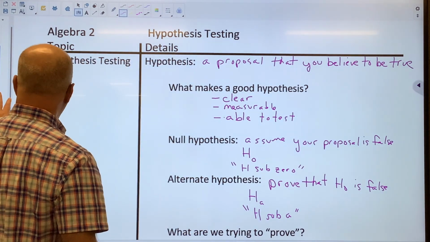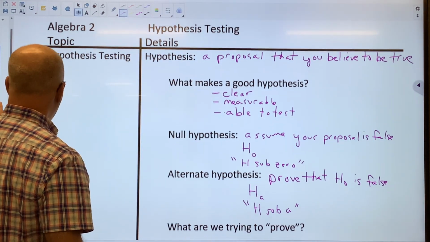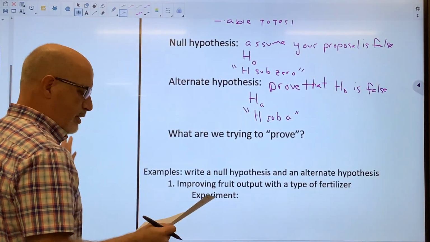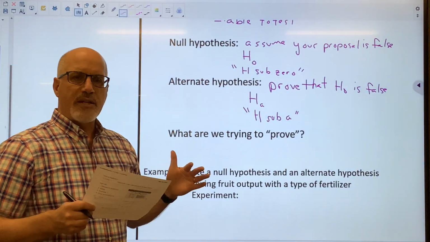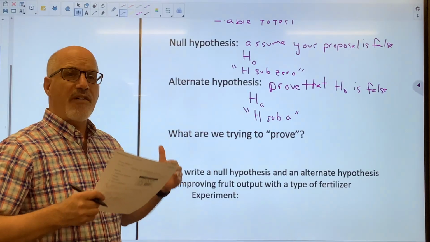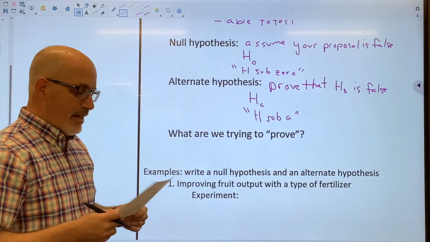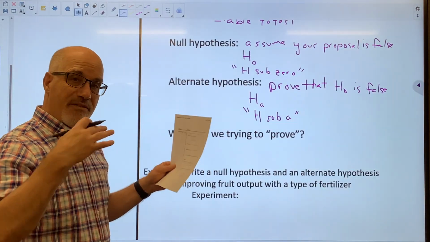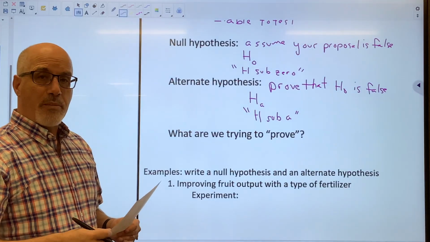So what are we trying to prove here? We're trying to prove that the burden of data shows that we can validate what we believe to be true.